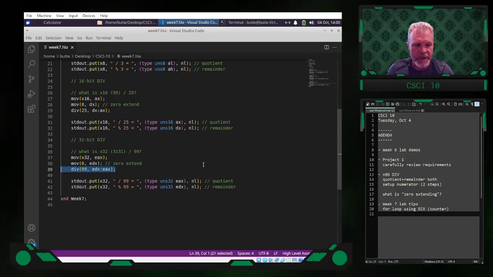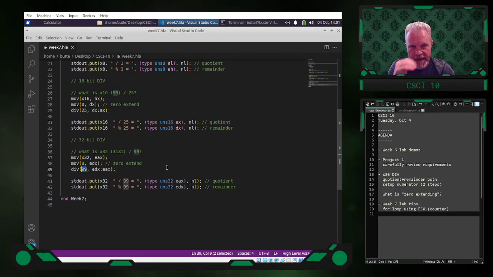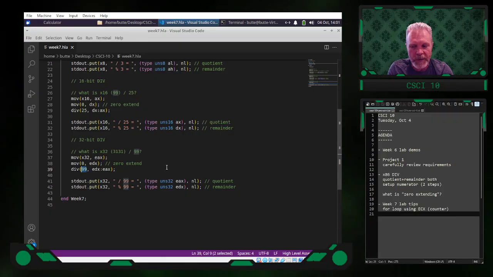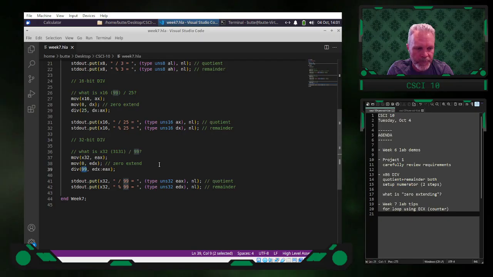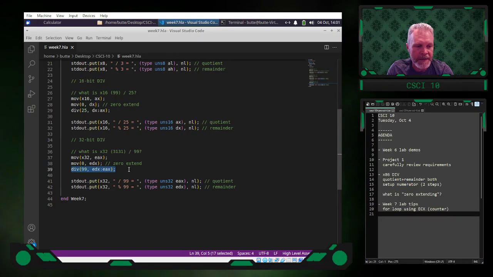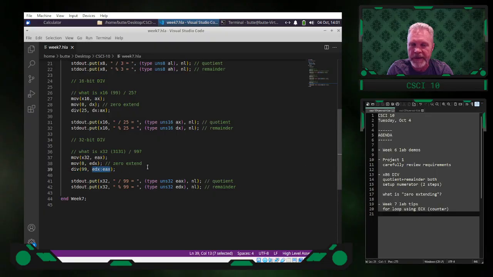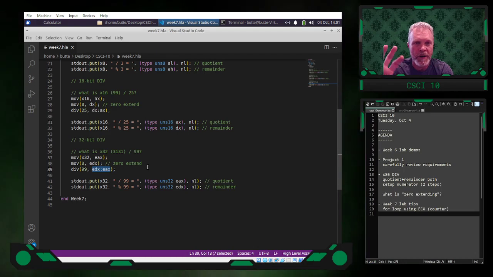It'll still be a 32-bit value. So if you place a constant in there, it will be adjusted to fit the space correctly for you. So this 99 in this context is 99 represented in 32 bits. And that's simply because of the target of the operation, which is 32-bit numerator and denominator.